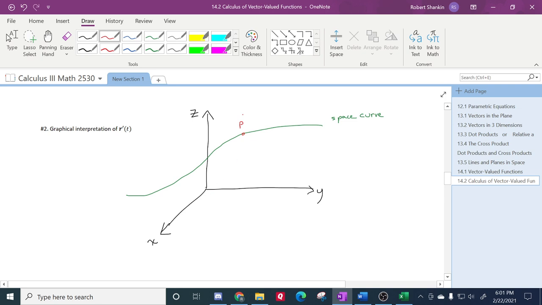And if you froze time, so this red vector was mapping out this, that's the red vector R of t. And it was mapping out this space curve. We freeze time for just a moment right here, and we get the P. Now, a little bit later, we have a new vector.